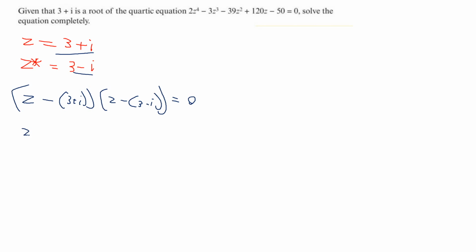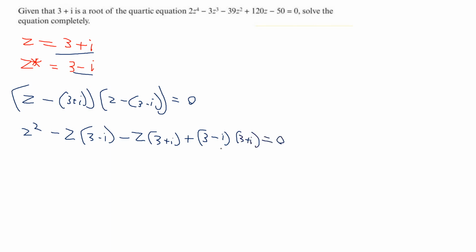So therefore, z squared minus z times 3 minus i, minus z times 3 plus i, plus 3 minus i times 3 plus i.